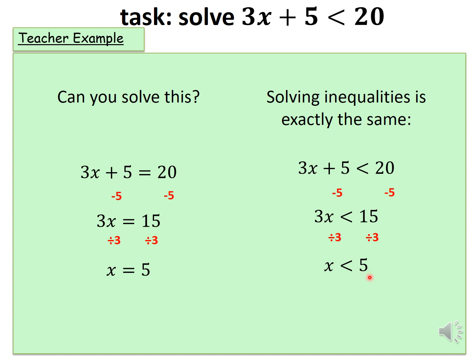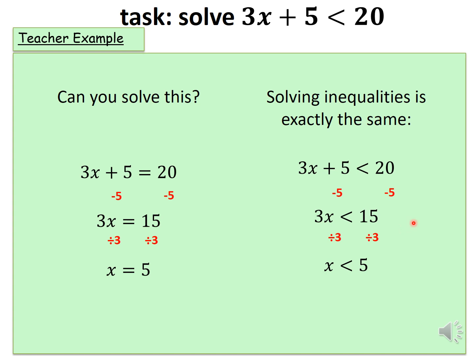So x less than 5 could be 4, 3, 2, 1, and all the way. So the only difference between an equation and an inequality is that in an equation you have only one answer, but in an inequality you have more than one answer. In this question, they ask you to just solve it, so that is enough to get the full mark.